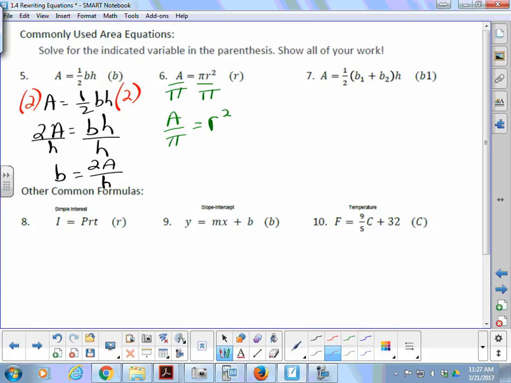So we take the square root of both sides. And the big thing to remember is you get a plus or minus square root of A over pi. Now this is a situation where we'll just go ahead and leave the pi in the denominator in the radical. We'll leave it that way. All right? Okay.